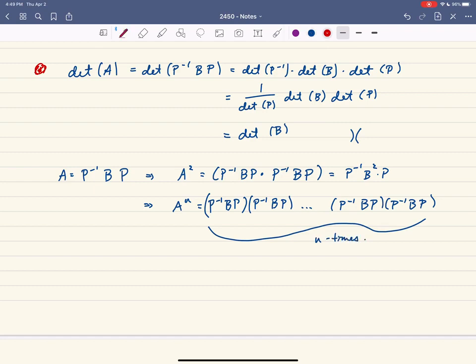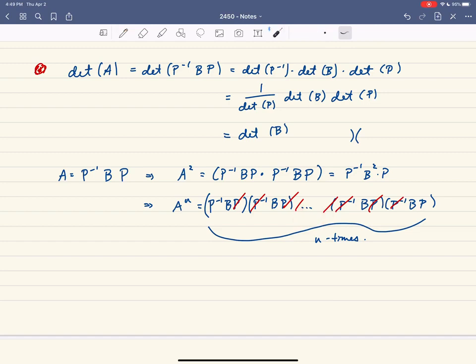We know by associativity we can basically get rid of all of the parentheses. We know that if I take P times P inverse, those will cancel. So all the inner P and P inverses, I'm assuming that there's some missing P and P inverses here where the dots are, all of those cancel.